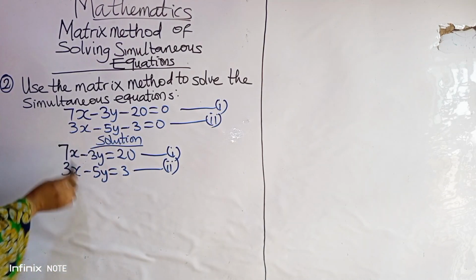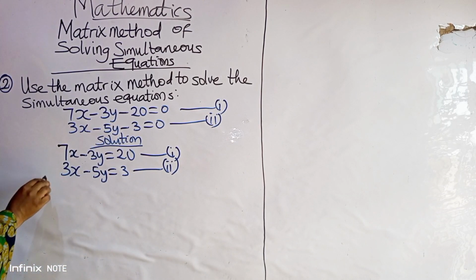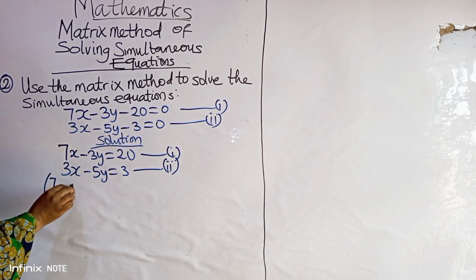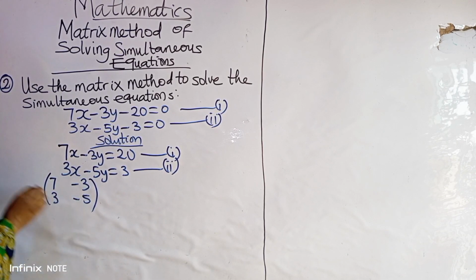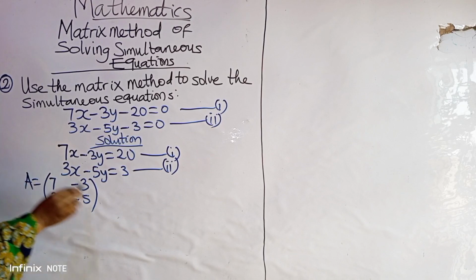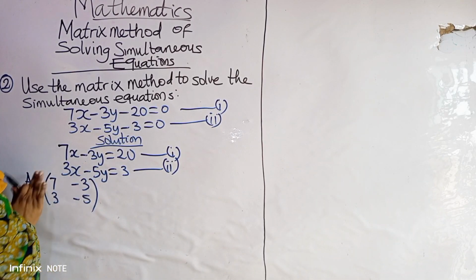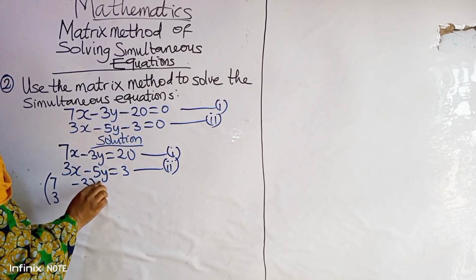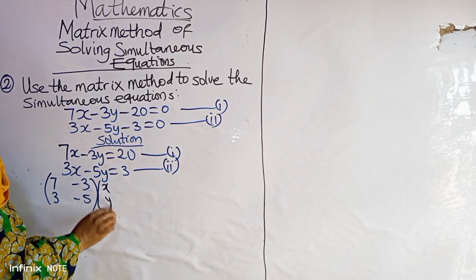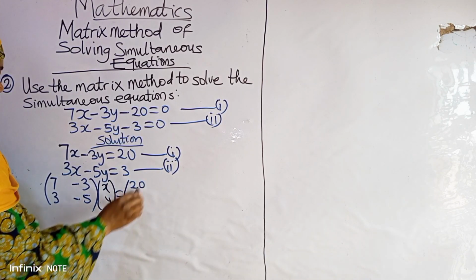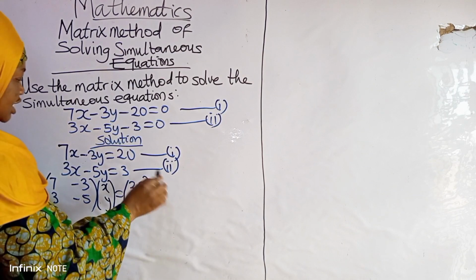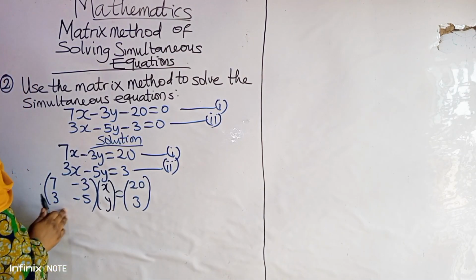From here, let's write in matrix form. I have 7 minus 3, 3 minus 5. Let that be my A. Then x, y is equal to 20, 3.